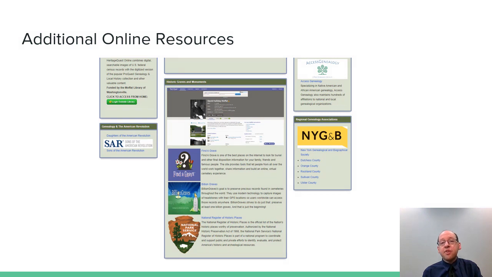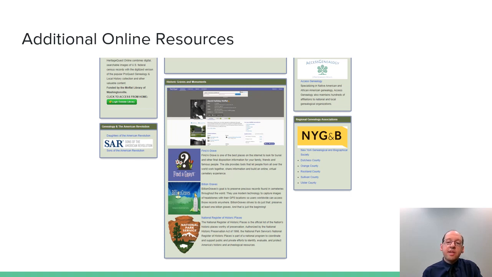We also have additional online resources. We're not going to go through all of them here, but Find a Grave is a really big one. If you're interested in seeing where your relative may be buried, it's all crowdsourced, so there are photographs and family information posted to specific entries there.